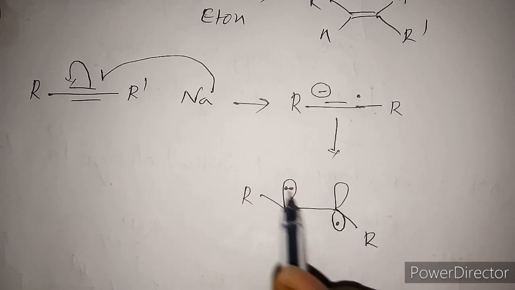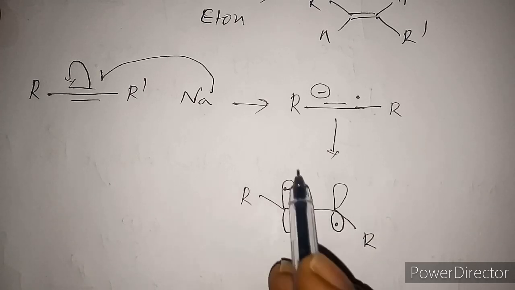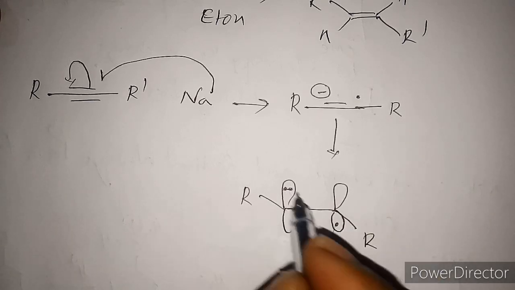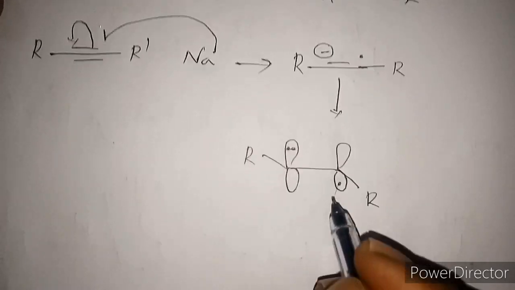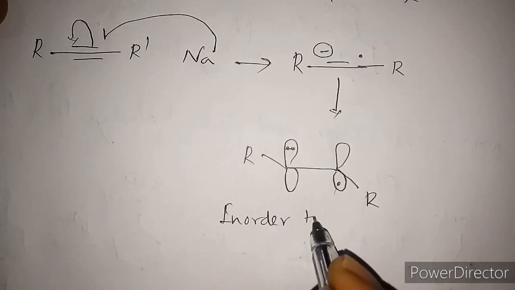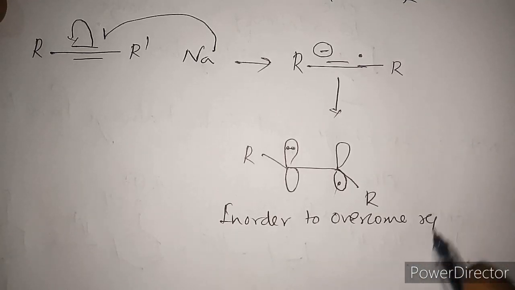Now it forms a trans. Now once it forms a trans, the H will be attached in this case and H here will be attached in this case. So there will be trans directions in order to overcome repulsion.